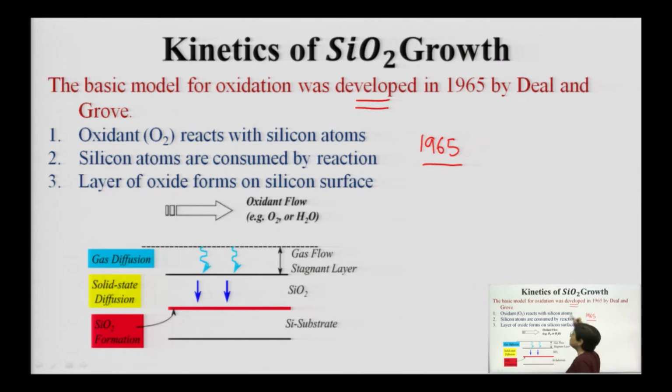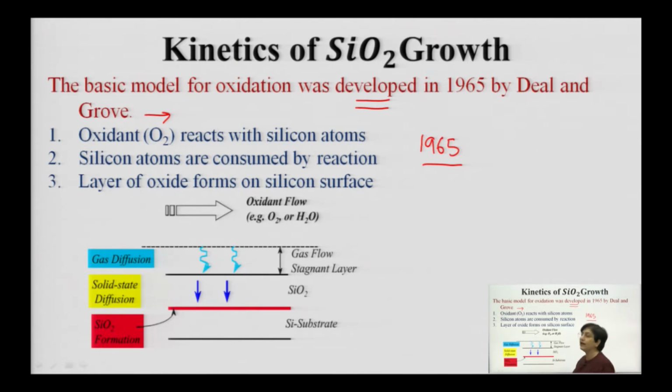It describes the complete oxidation process to date, except for certain exceptions observed subsequently with advanced technology, but in the majority of cases this Deal and Grove model is very useful and valid, and therefore it is the most important model which describes the process of oxidation.